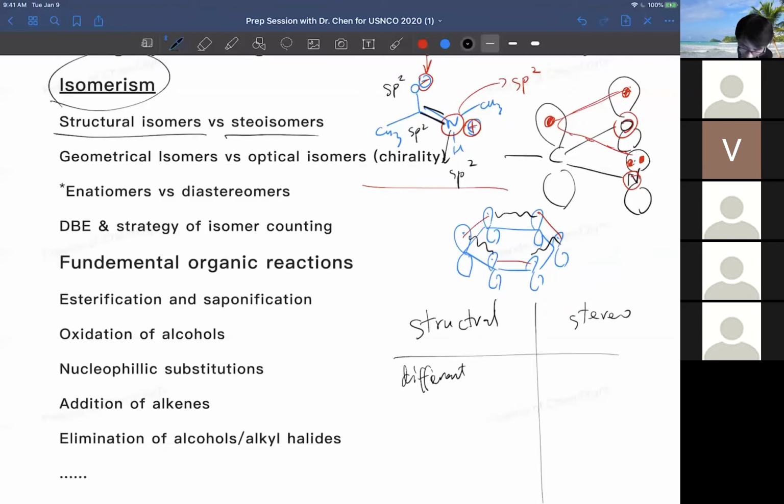Stereoisomer means they have the same connection, but different arrangement in the three-dimensional world.